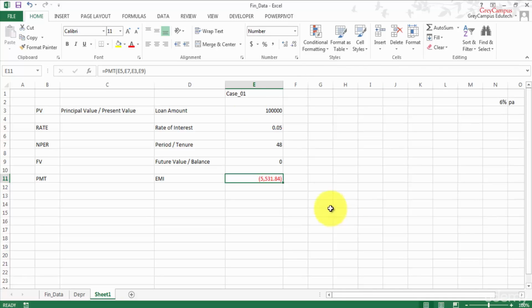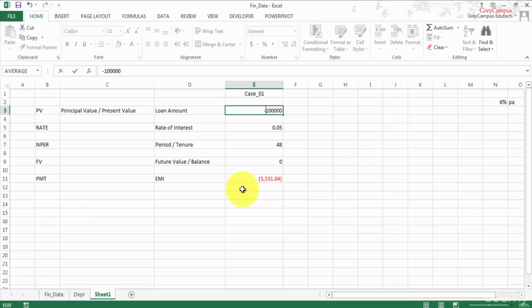Now let's understand this. When we say that we have taken a loan from the bank and the loan amount is 1 lakh, if we consider this loan amount as a positive value, then the EMI that we are paying to the bank will be termed as negative. If you consider one amount as credit, the other amount will be debit. In the same way, if you consider the loan amount as negative, then you will see that the EMI comes as positive.